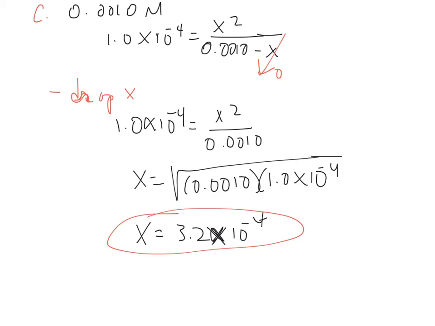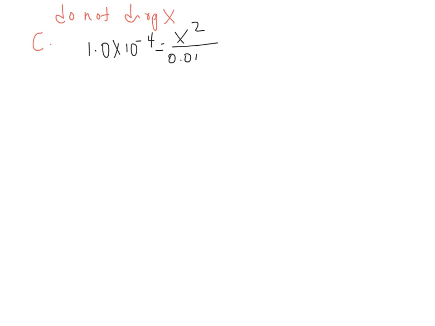And then on the next, we're going to look at the case where we do not drop x for part C. And now we've got 1.0 times 10 to the minus 4 is equal to x squared divided by 0.0010 minus x.